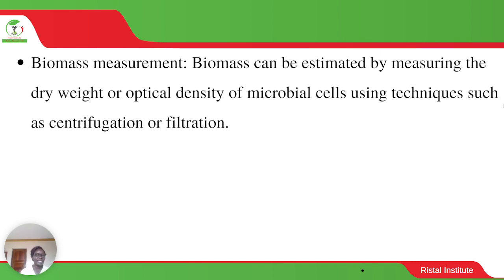Then we have the second category, the mesophilic bacteria. These grow best at temperatures between 16 and 40 degrees centigrade. Then we have the thermophilic. Thermophilic bacteria grow best at temperatures above 40 degrees centigrade.